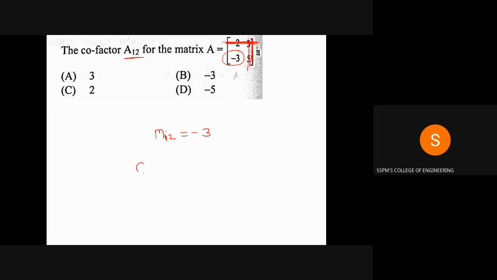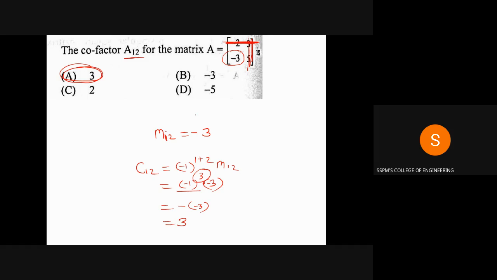How do you calculate C12? C12 is minus 1 raised to 1 plus 2 into M12. So minus 1 cubed into minus 3. Here it is an odd power, therefore you write minus of minus 3, which is 3. So the answer will be 3.